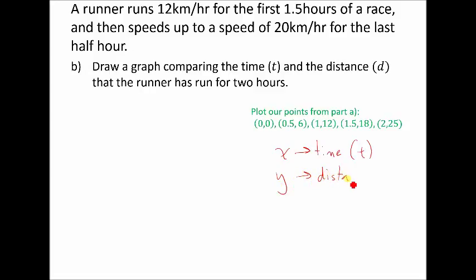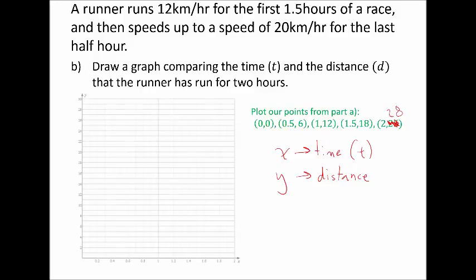So these points here should look familiar. Oh, I've written something wrong here. That should be 28. So after 0 hours, just as she starts, she's gone 0 kilometers. After half an hour, 6, an hour, 12, and so on and so on.